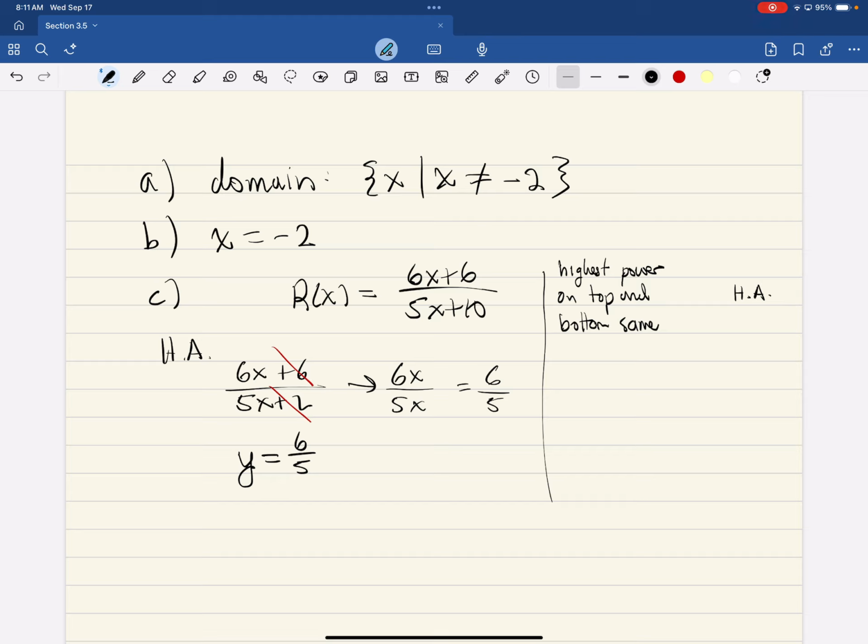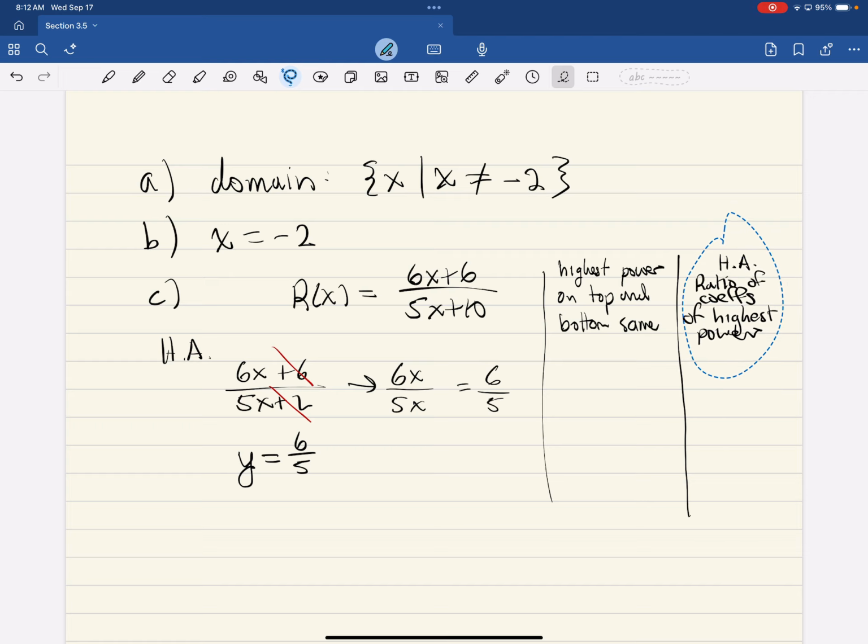That happens when the highest power on top and bottom are the same. So that's one situation.